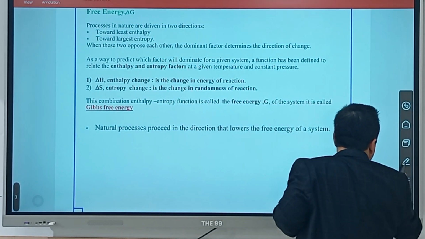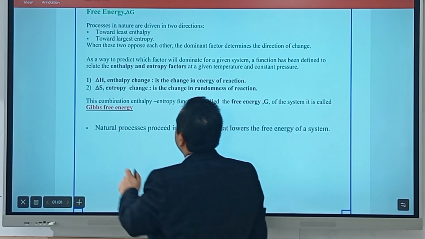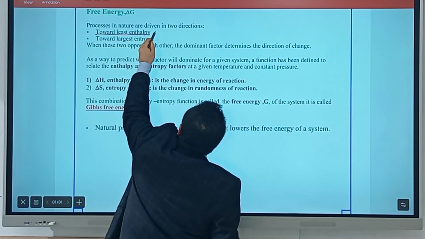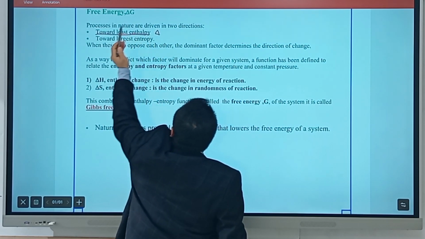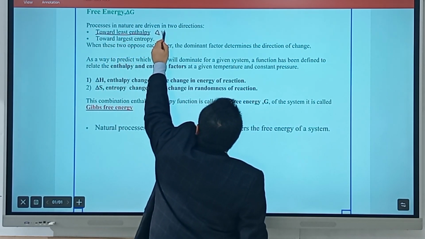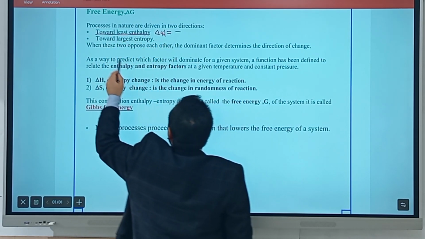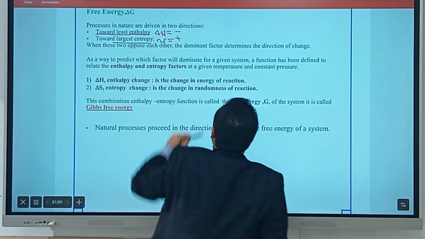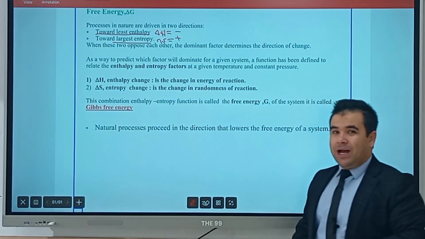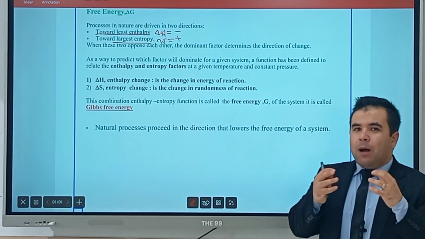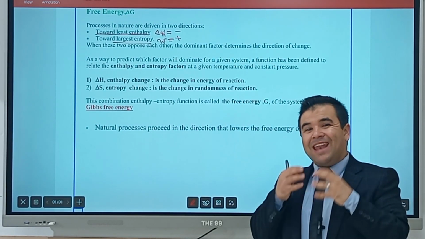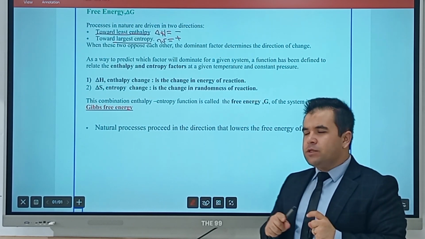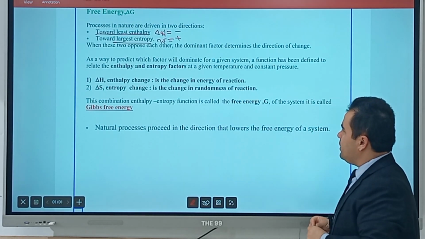Usually in nature, the reactions have a tendency to be toward the least enthalpy, means the enthalpy is negative, and the largest entropy, which the delta is positive. So whenever a reaction has these 2 signs, a positive entropy and a negative enthalpy, it always becomes a spontaneous reaction. We'll be talking about this in a table.